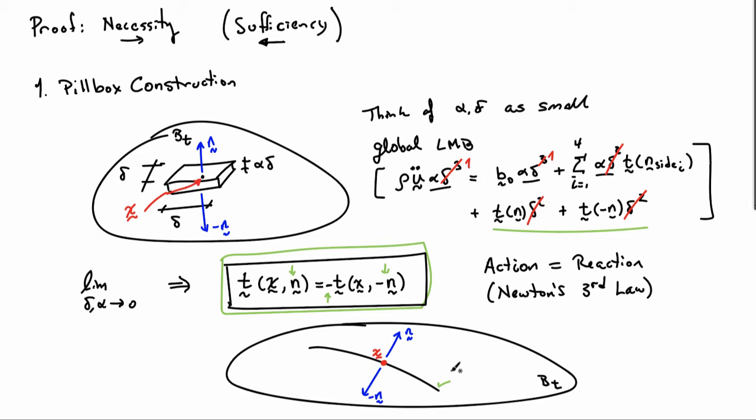And what this result from the pillbox construction is telling us is that the traction vector acting on the side with normal n is really pointing in the equal and opposite direction as the traction vector on the opposite side of the section cut. So that's really the action and reaction aspect of this. So this is a result that we're going to want to use as we move forward on this.